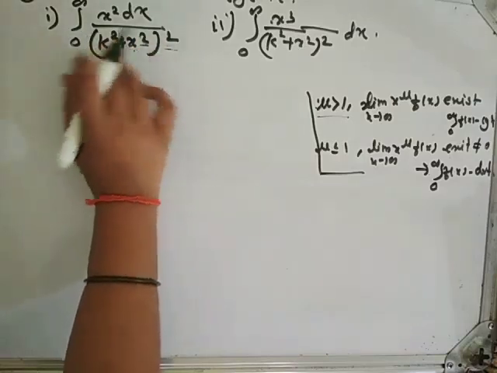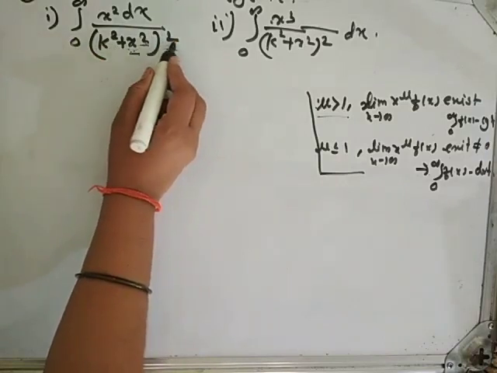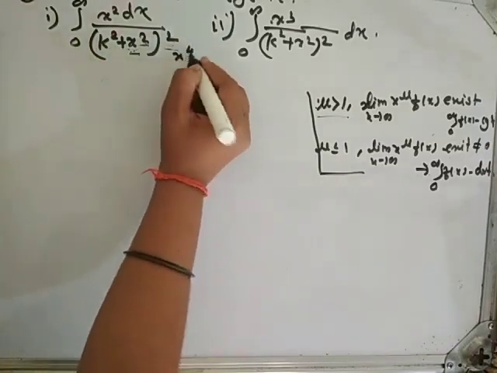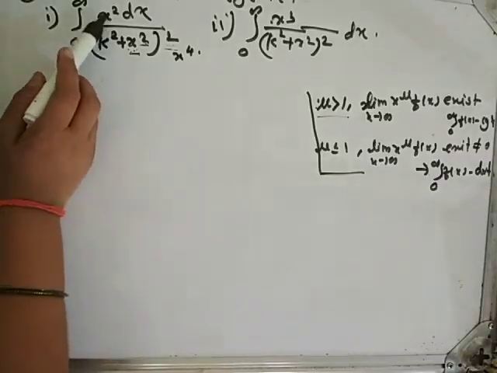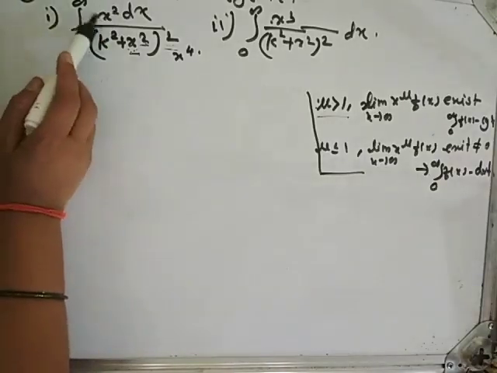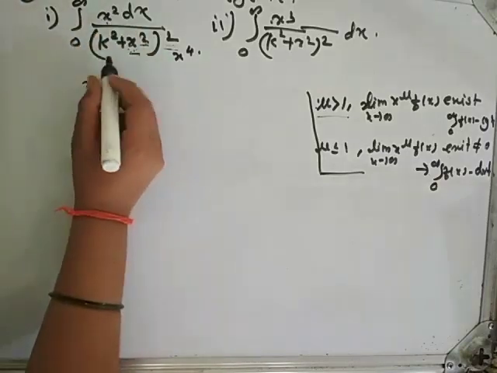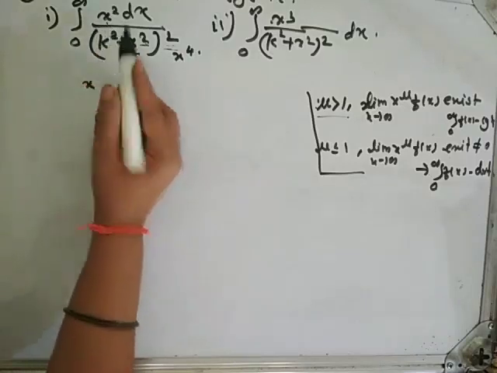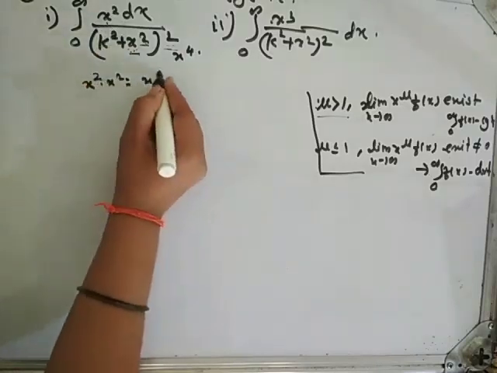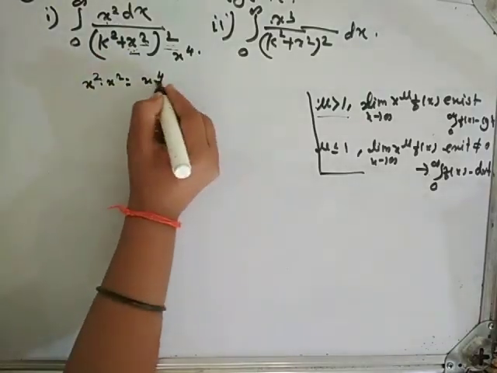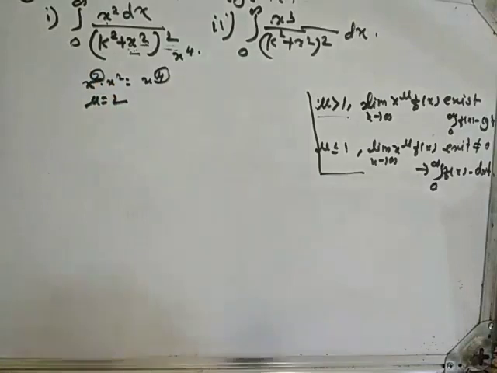When we expand the bracket, we will get the power of x as 4, means x raised to 4. And here power of x is 2, means if we multiply in the numerator by x square, we will get x square into x square equals x4. So we will choose mu is equal to 2.